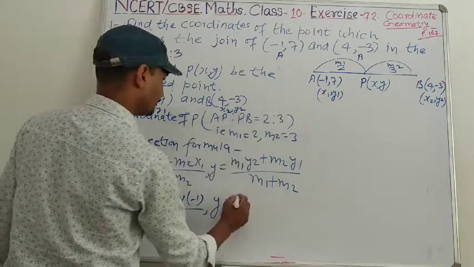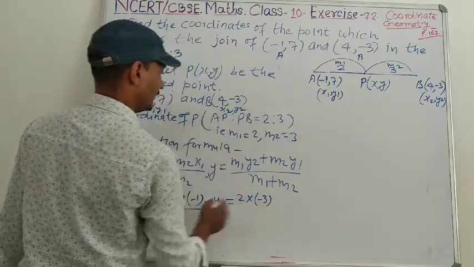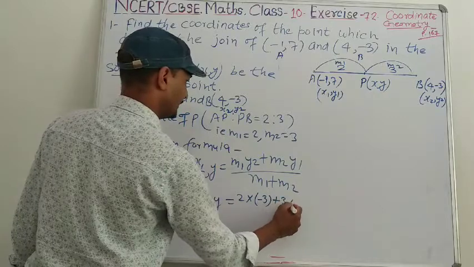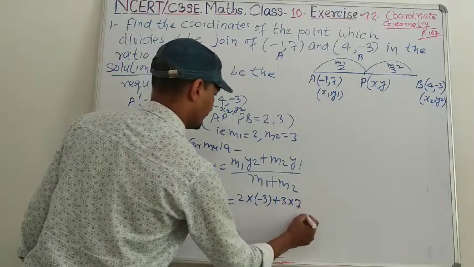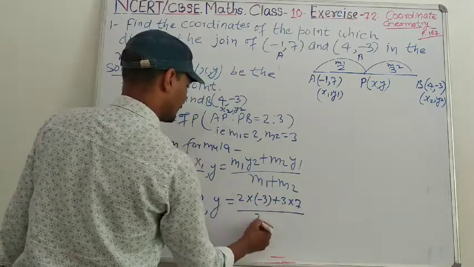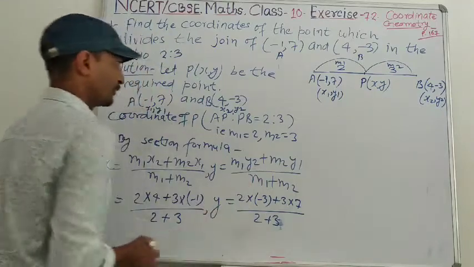M1 is 2, y2 is -3 plus M2 is 3 and y1 is 7, by M1 plus M2, M1 is 2, M2 is 3. In the ratio that is given here, it becomes plus.